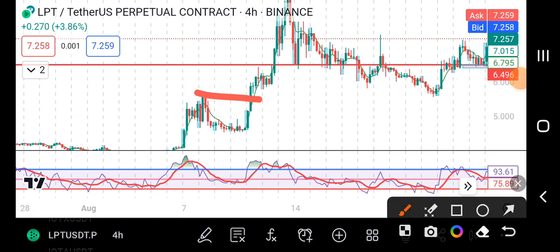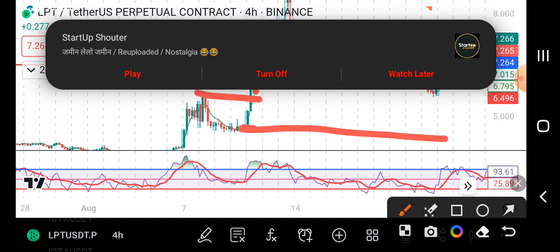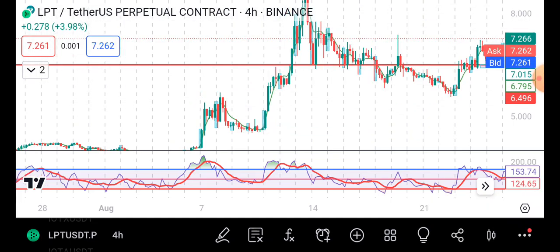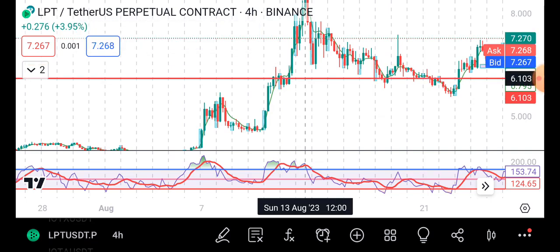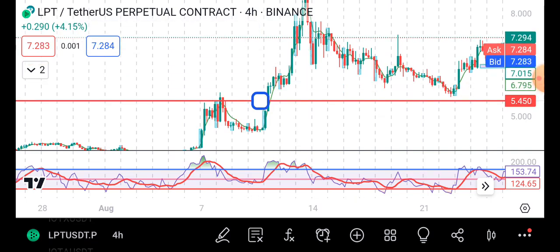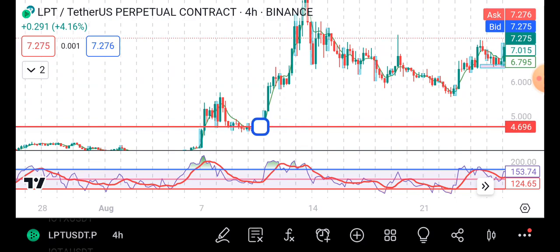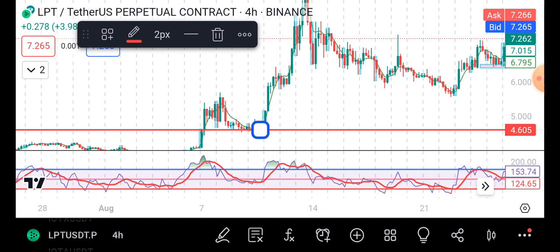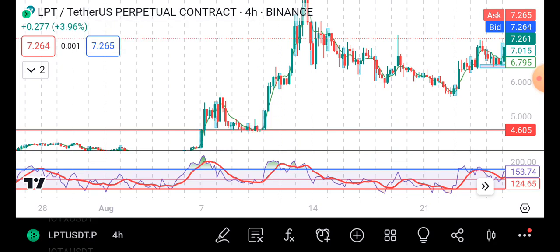You don't want to enter immediately because we have the fair value gap here between here and here, but we are waiting there. So let me bring down this candle here. Now our entry should be there or below it.